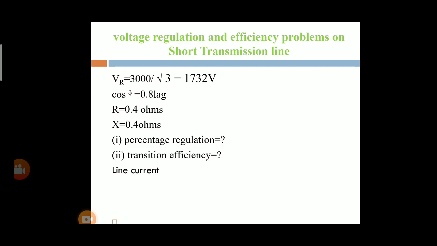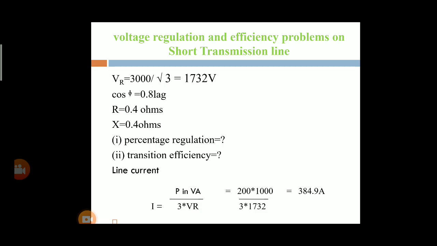First we calculate the line current. The formula for the line current is I equal to P in VA by 3 VR. When the power is taken in VA, the cos phi term is cancelled.